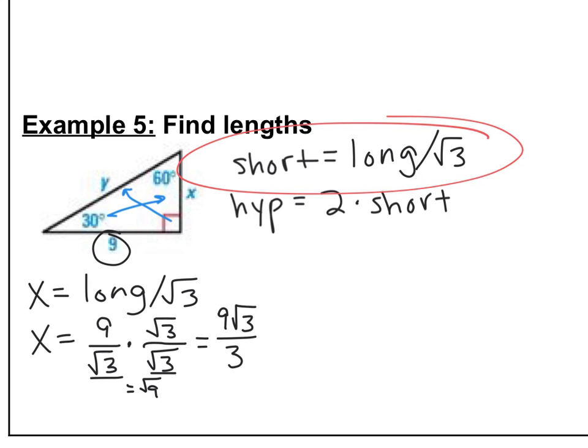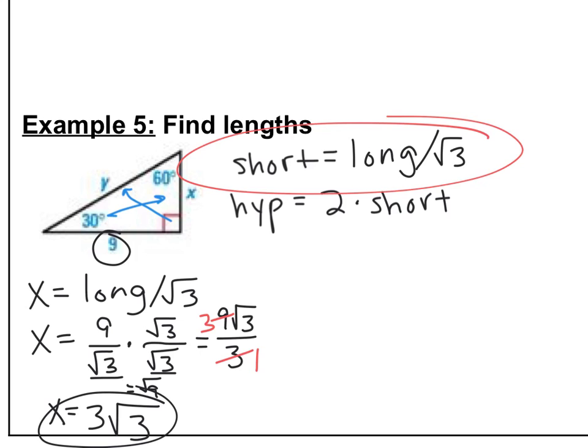Not quite done with it yet, because hopefully we see that 9 and 3 have a 3 in common. So this would become a 1, this would become a 3. So our final answer for x is 3 radical 3. That is our shorter leg, 3 radical 3.